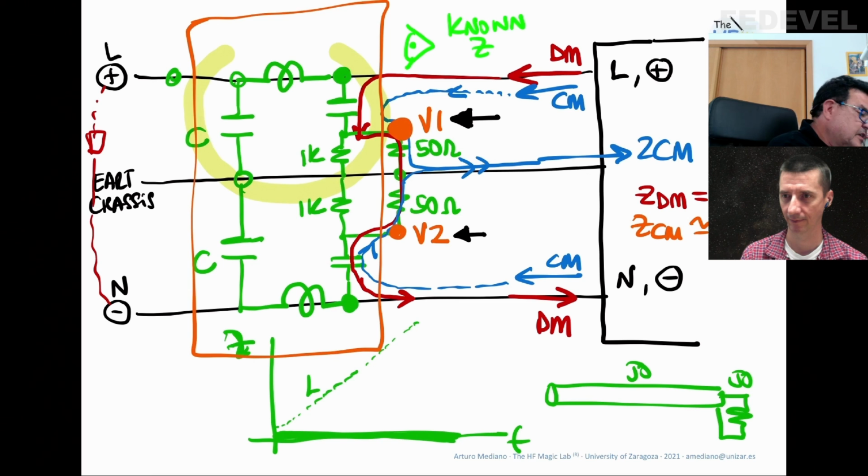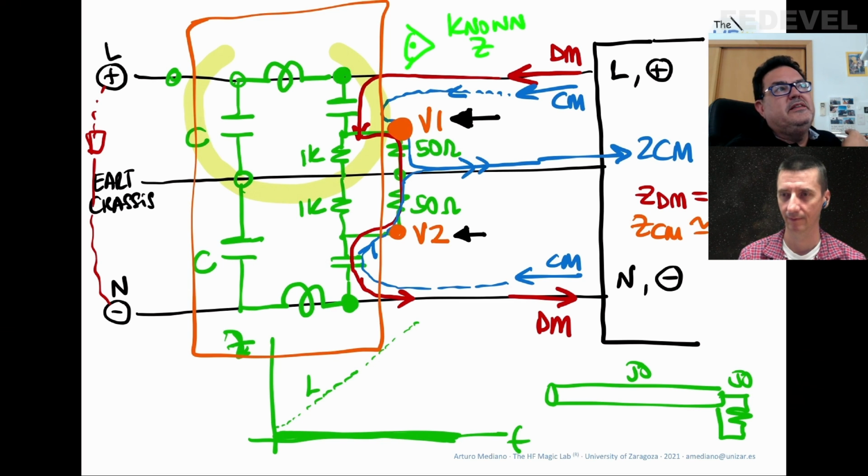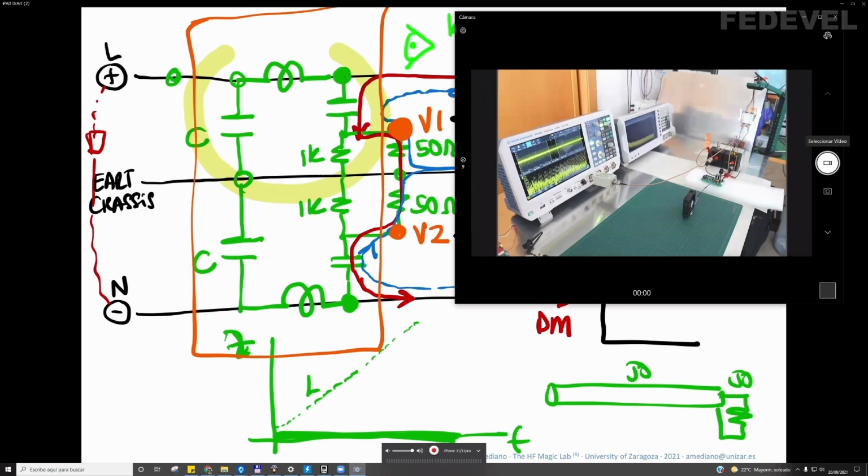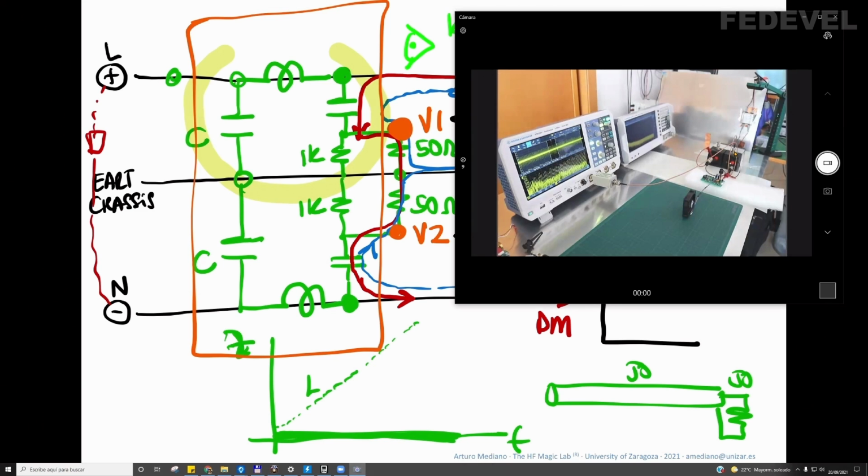This voltage is the voltage you are looking at now in my oscilloscope or my spectrum analyzer. This is V1 and this is V2. So we have been looking at the screen in V1 in the scope, no? But what is V1?